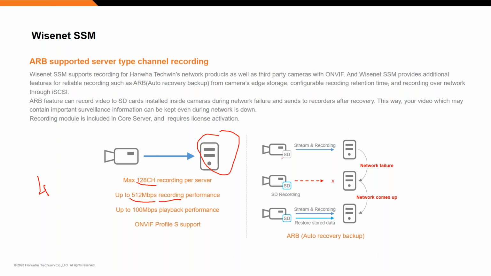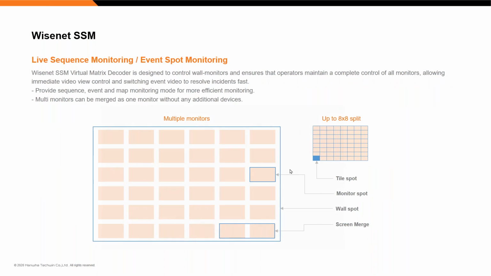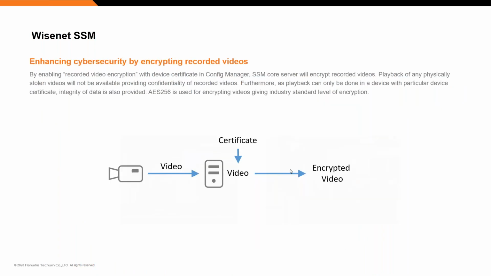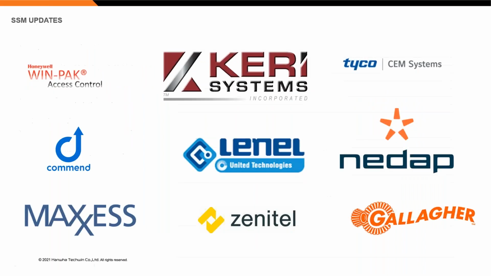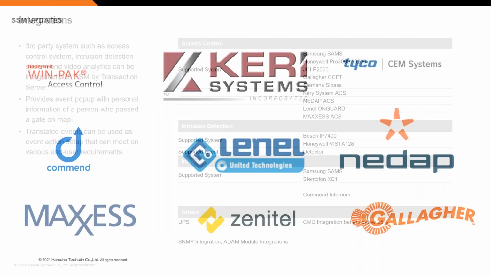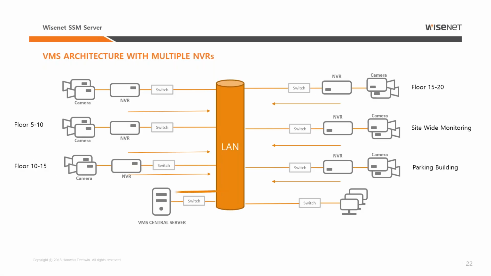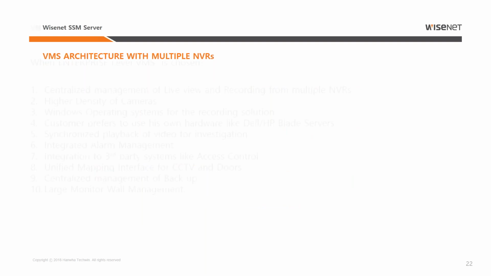If you're recording a 2 megapixel camera, it takes only 2 Mbps, you can easily go to 128 cameras. We have a newer model which supports 700 Mbps. We will see that in the coming slides. The rest of this we will see as we move forward.